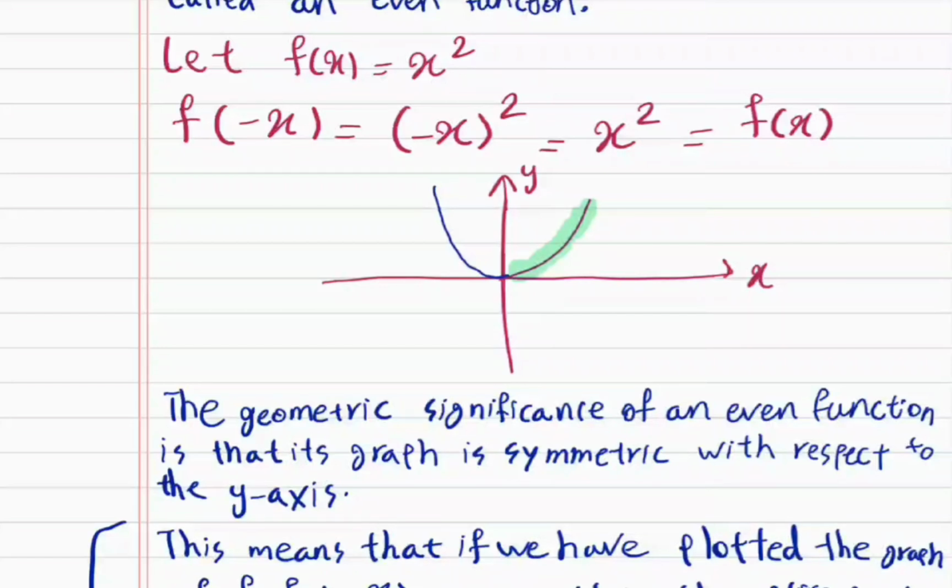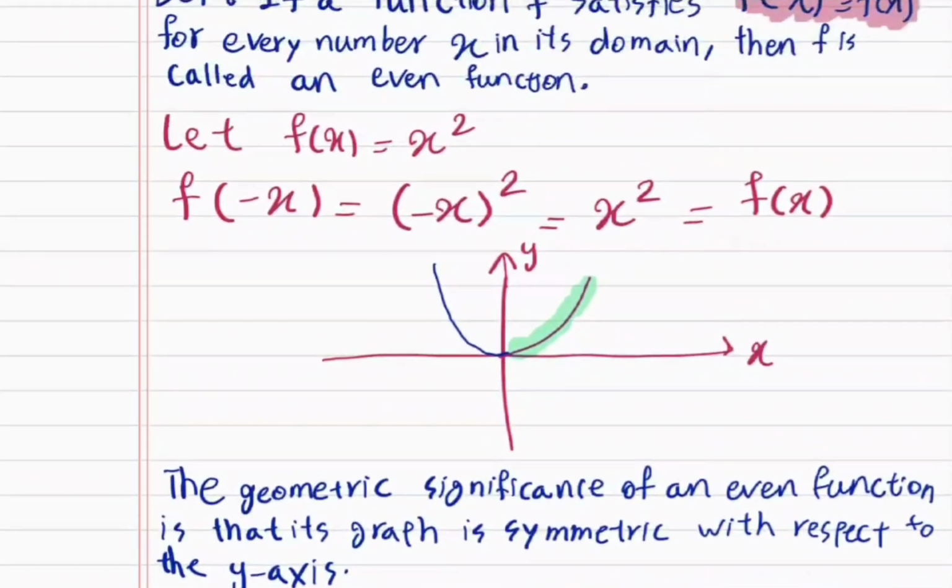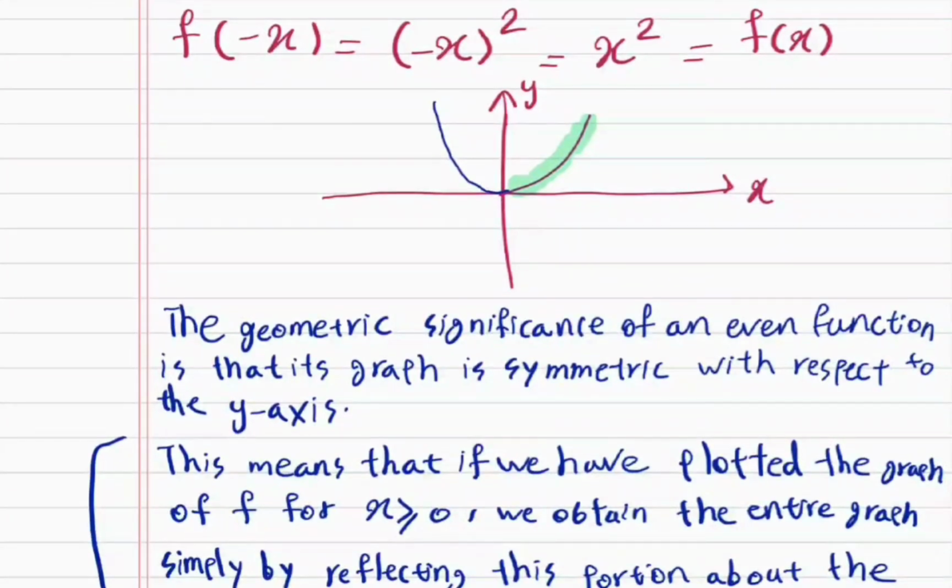Of course, everyone knows what the graph of a quadratic curve is, but this is just for the sake of example. It's a very, very important fact and property of even functions.